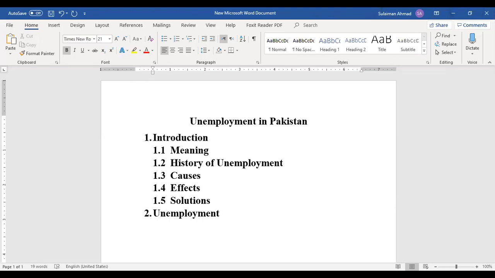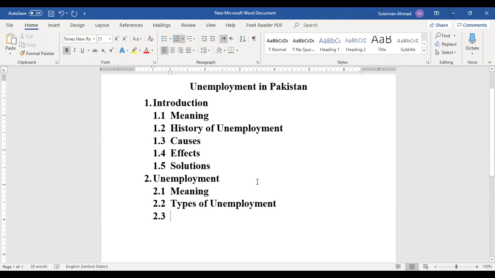So here we may talk about the meaning, what is meant by unemployment. When did it start, or you may even talk about the types of unemployment. Then a brief history.